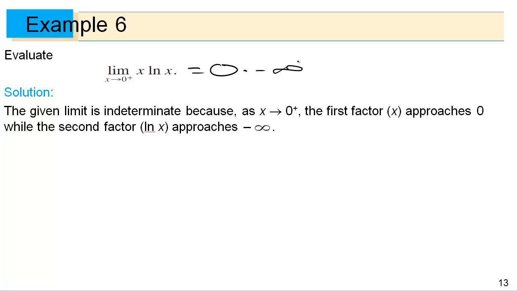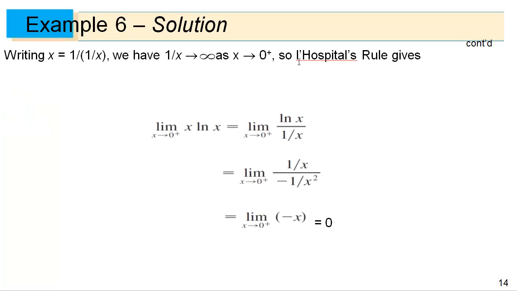And that is one of those indeterminate weird product forms that I can turn into an indeterminate quotient, and then I can use L'Hopital's rule. So I can either turn it into a 0 over 0, or I can turn it into an infinity over infinity. Well, you want to think about which one's going to be easier.